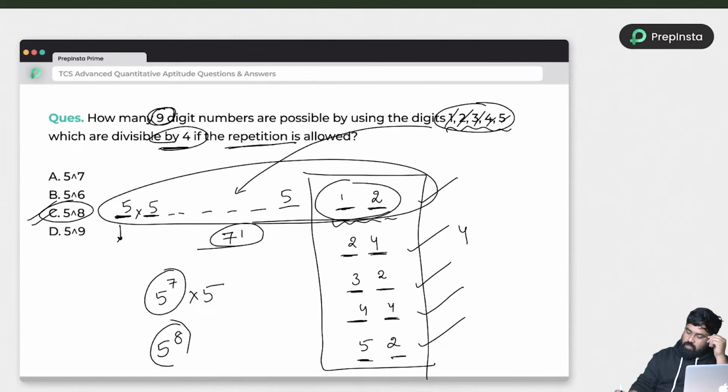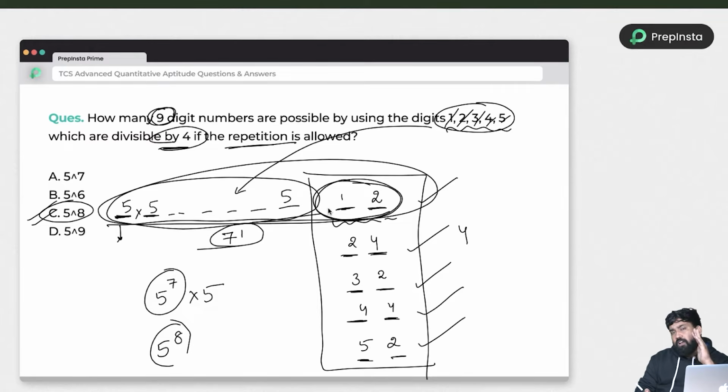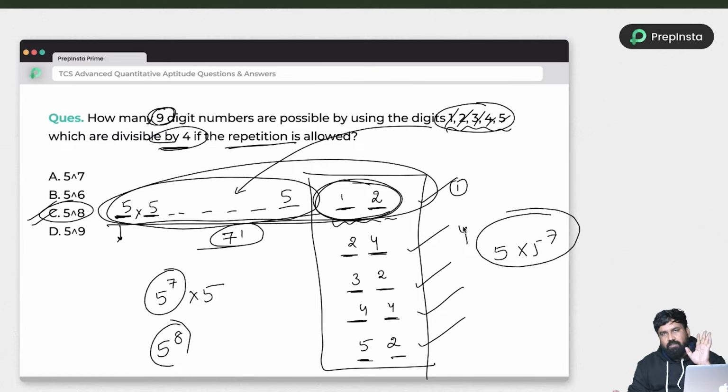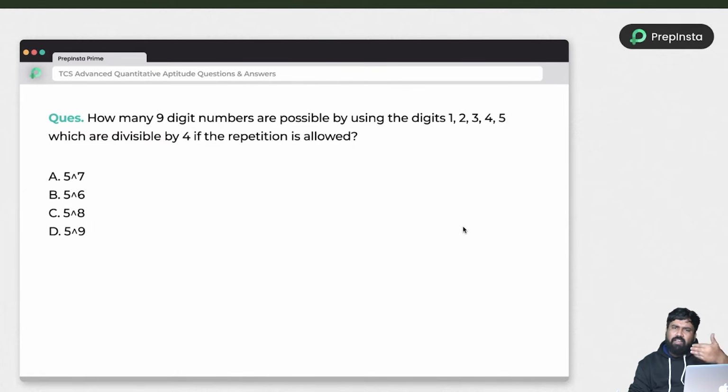Simple. So 12 is used by 4, and the remaining 7 places can be filled in 5 power 7 ways. So one possibility is over. Like this, all 5 are possibilities. So 5 times 5 power 7. That's it. So how will you do it later if you know all these concepts earlier? Because every concept you can learn before an examination only.